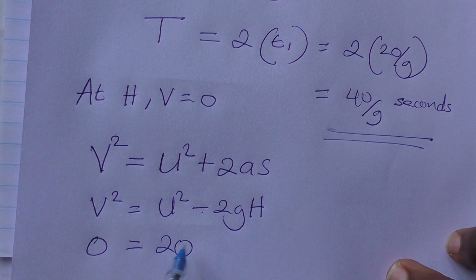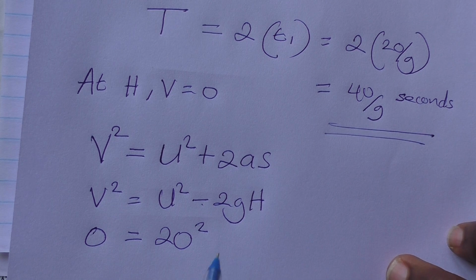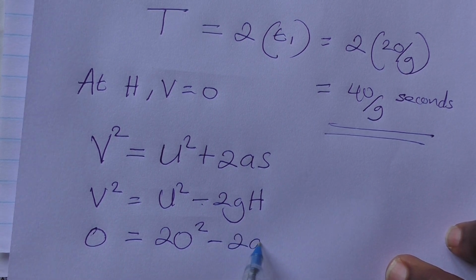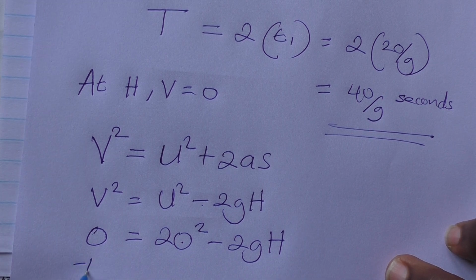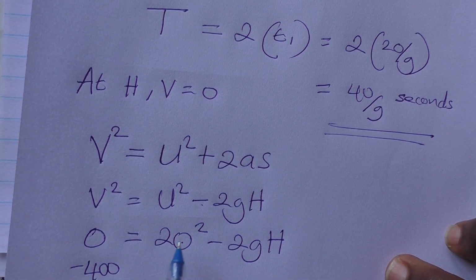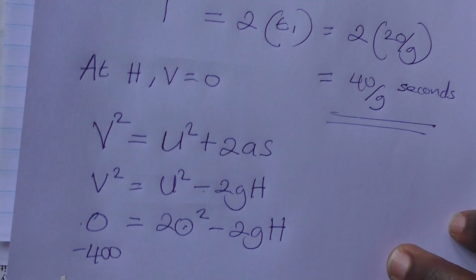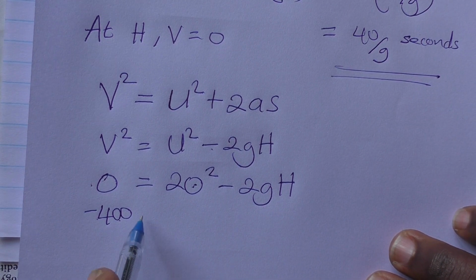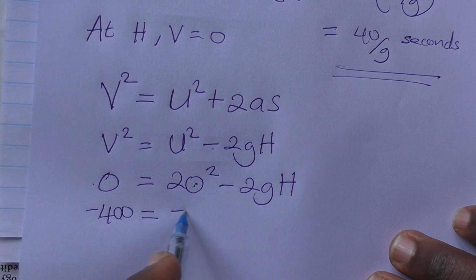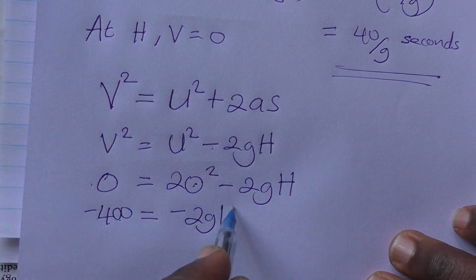The initial was 20 squared minus 2gh, which gives us negative 400. When this comes to this side, we get negative 400 equaling negative 2gh.